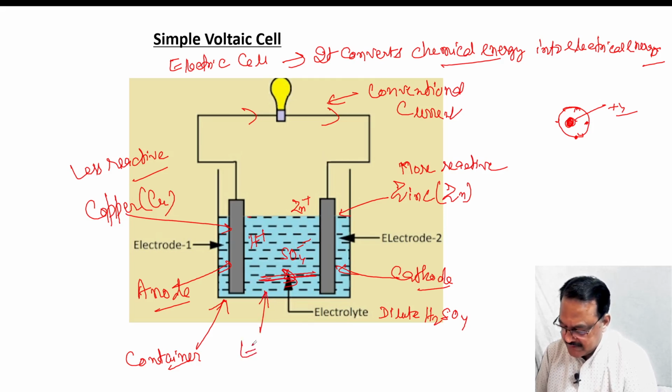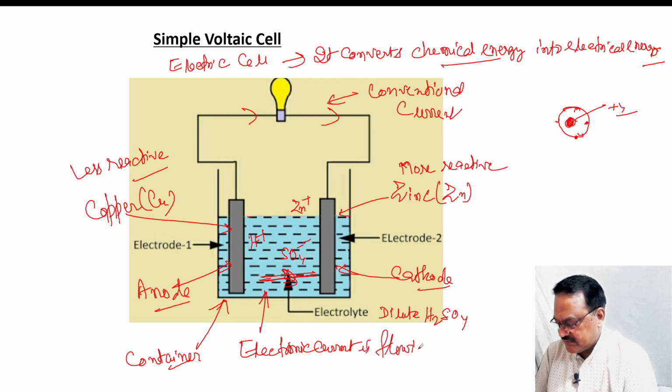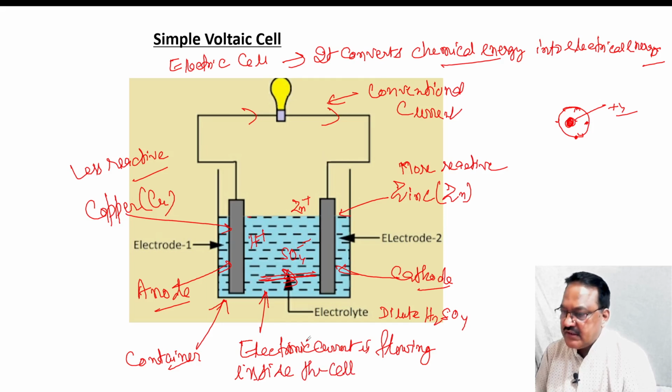Electronic current means current due to electrons. Electronic current is flowing inside the cell, that is, in the electrolyte.